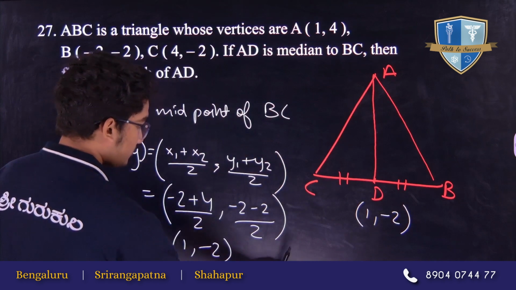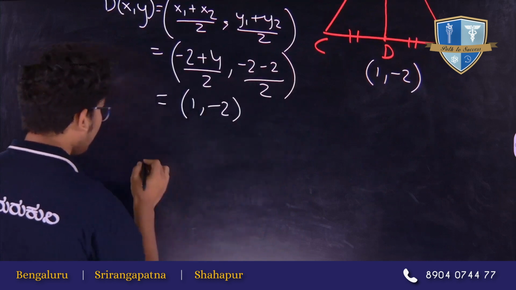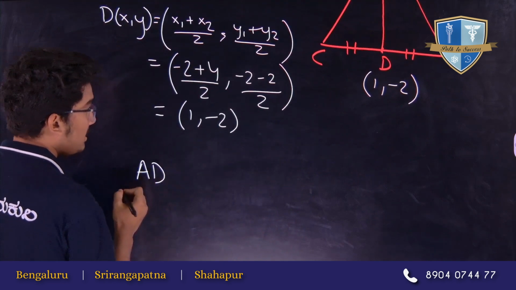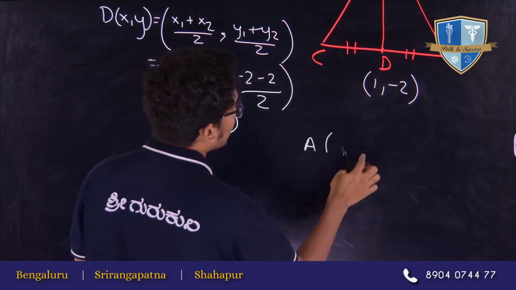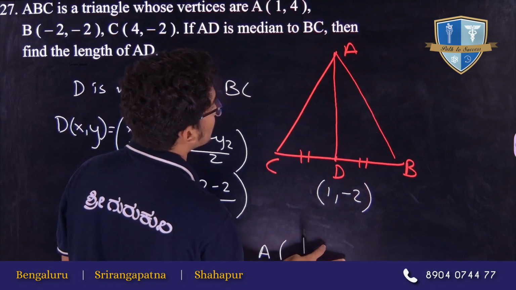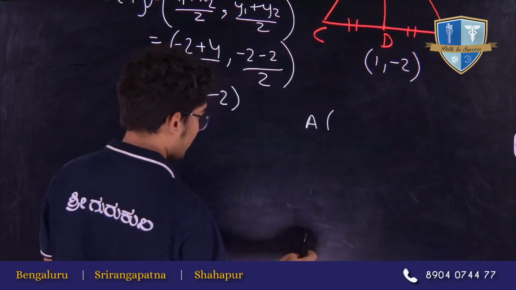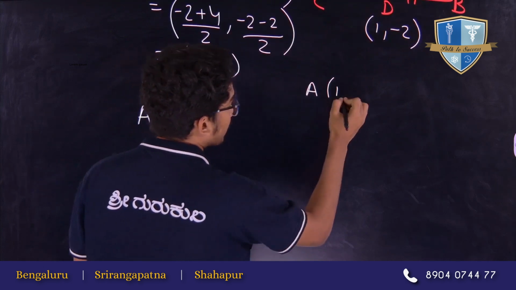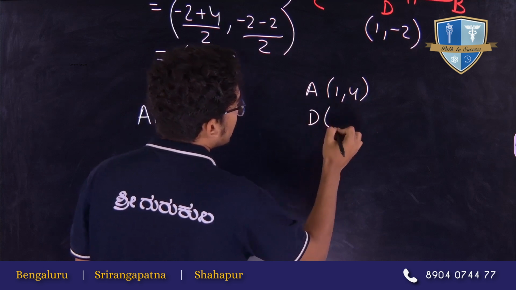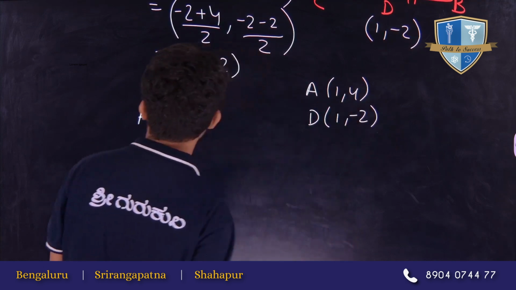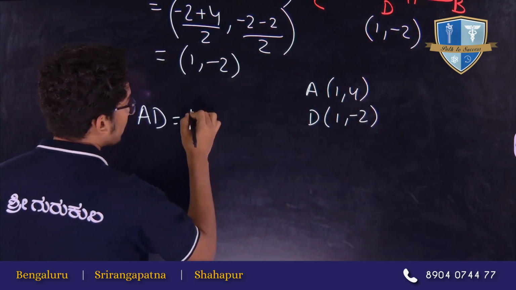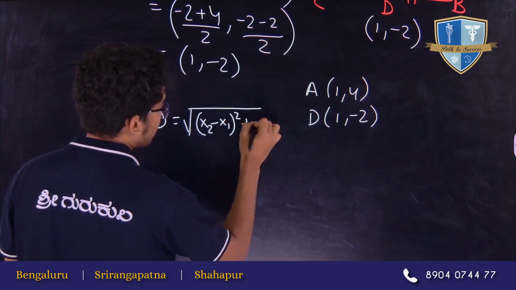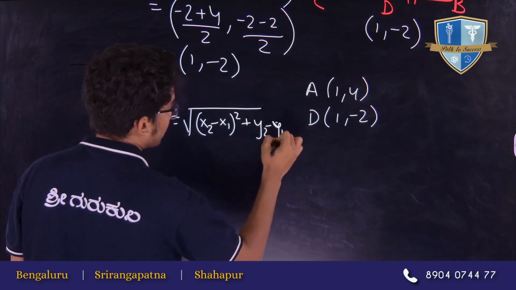So we need the length AD. We will use the distance formula between A and D. The coordinate of A is given as (1, 4), and the coordinate of D, which we just found, is (1, -2). Using the distance formula, it will be the root of (x2 - x1) whole square plus (y2 - y1) whole square.